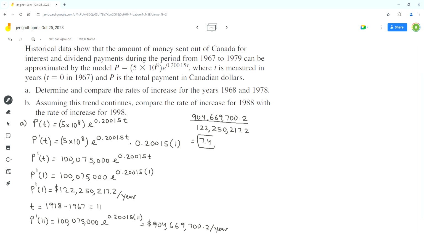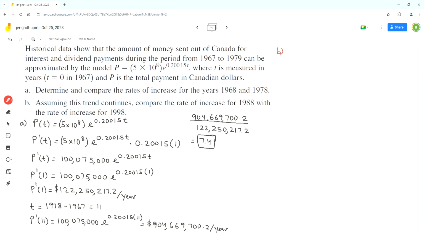Now we can analyze part B. For part B, assuming this trend continues, compare the rate of increase for 1988 with the rate of increase for 1998. The first step is to calculate the rate of increase for 1988.